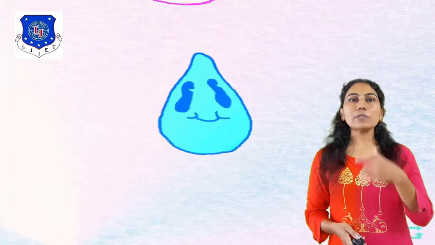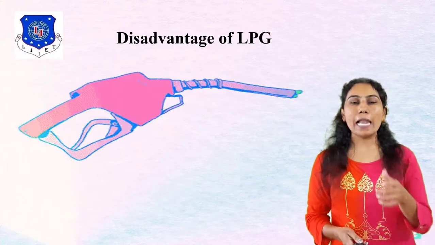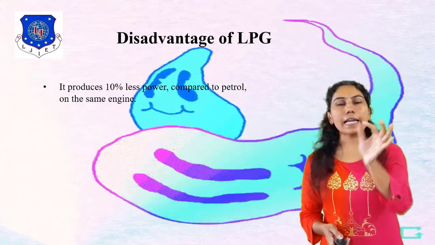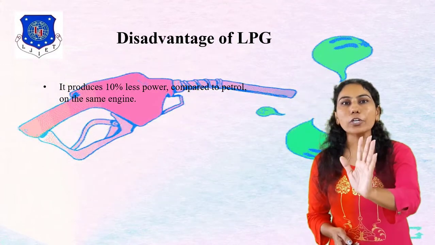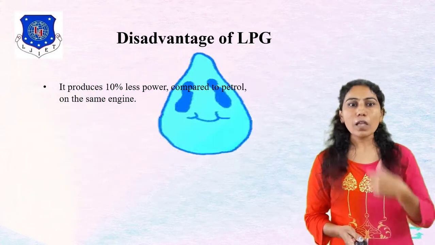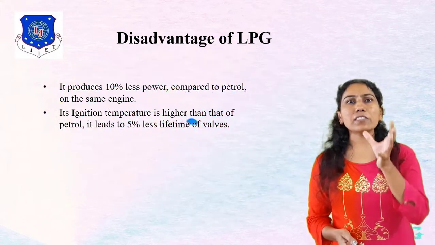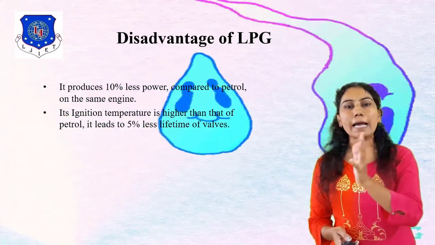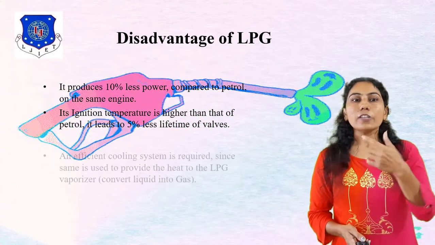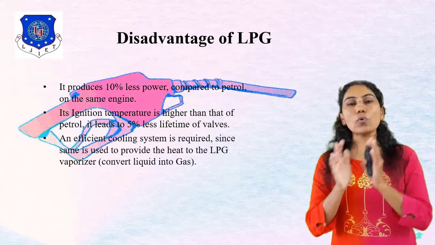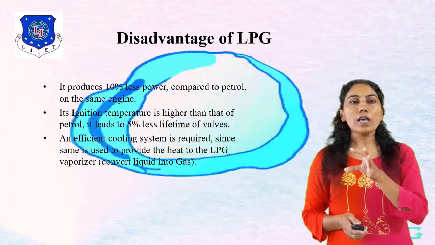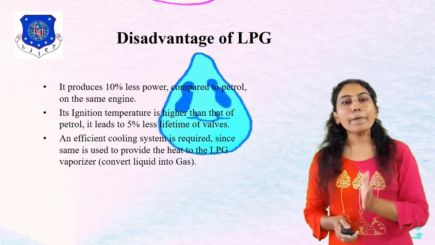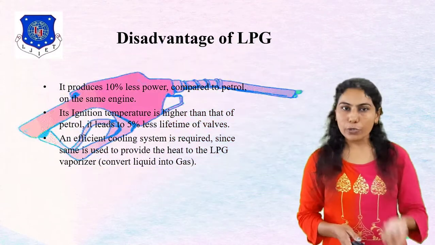Next, the disadvantages of LPG. First, it produces 10% less power compared to petrol in the same engine. Second, its ignition temperature is higher than that of petrol, and it leaves 5% less valve life. Third, an efficient cooling system is required, since heat is used in the vaporizer; LPG vaporizers convert liquid into gas.